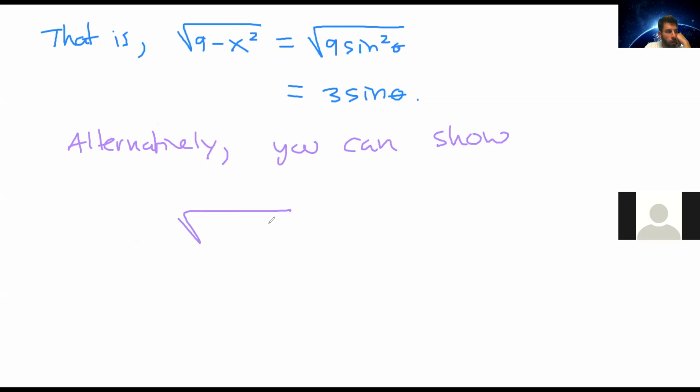So you can show 9 minus x squared equals 3 cosine of some other angle. Let's call it beta.